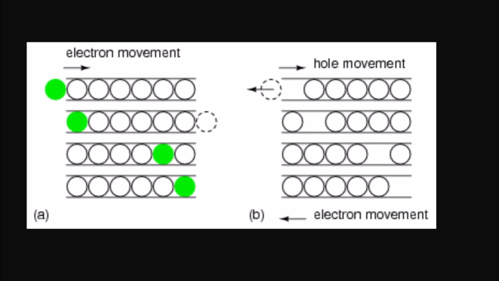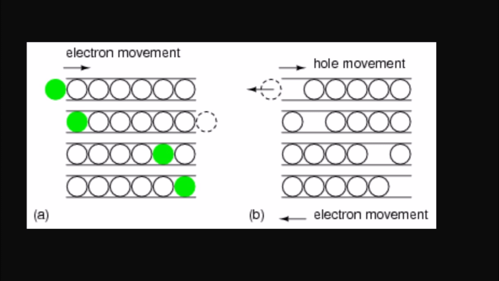Hole flow. In a sense, there really is something that moves from positive to negative, while the electrons are moving the other way. The hole that the electron leaves behind as it moves toward the positive charge can be thought of as moving toward the negative charge.